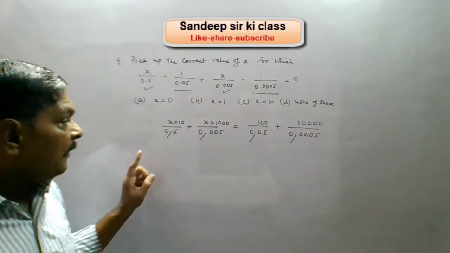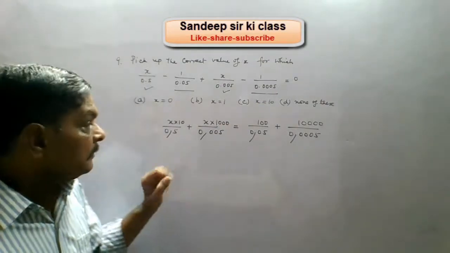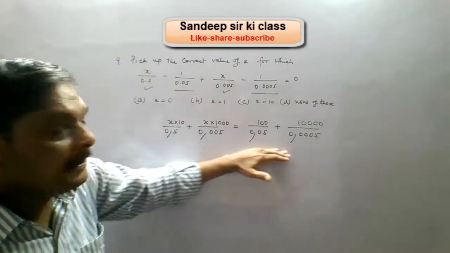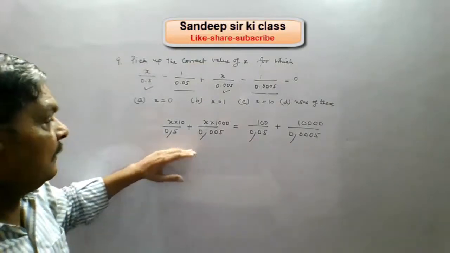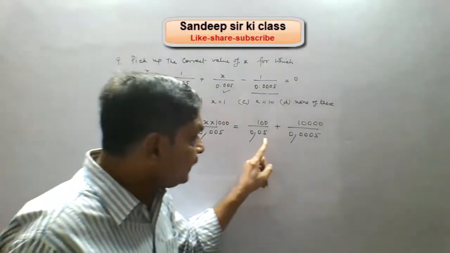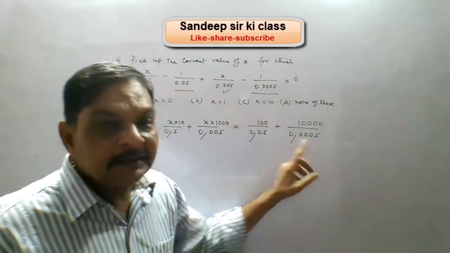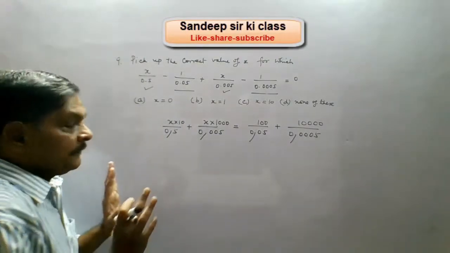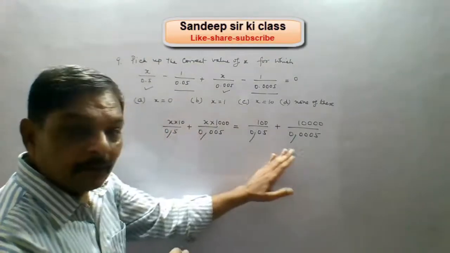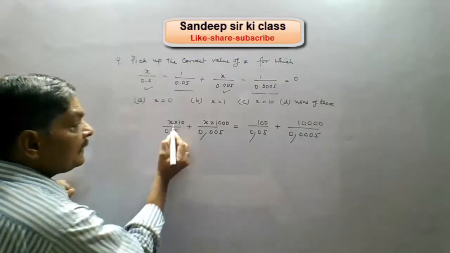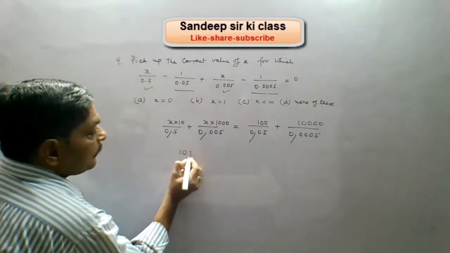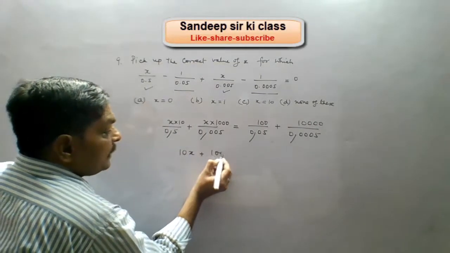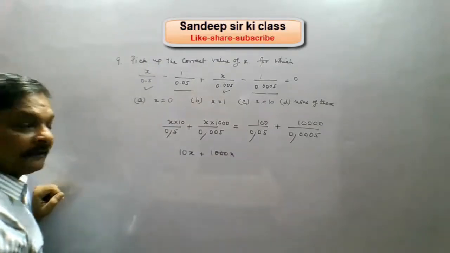Now, we find that in each term, 5 is here as denominator, so it can be cancelled. 5 can be cancelled from each term, so we get 10x plus 1000x on the left hand side.